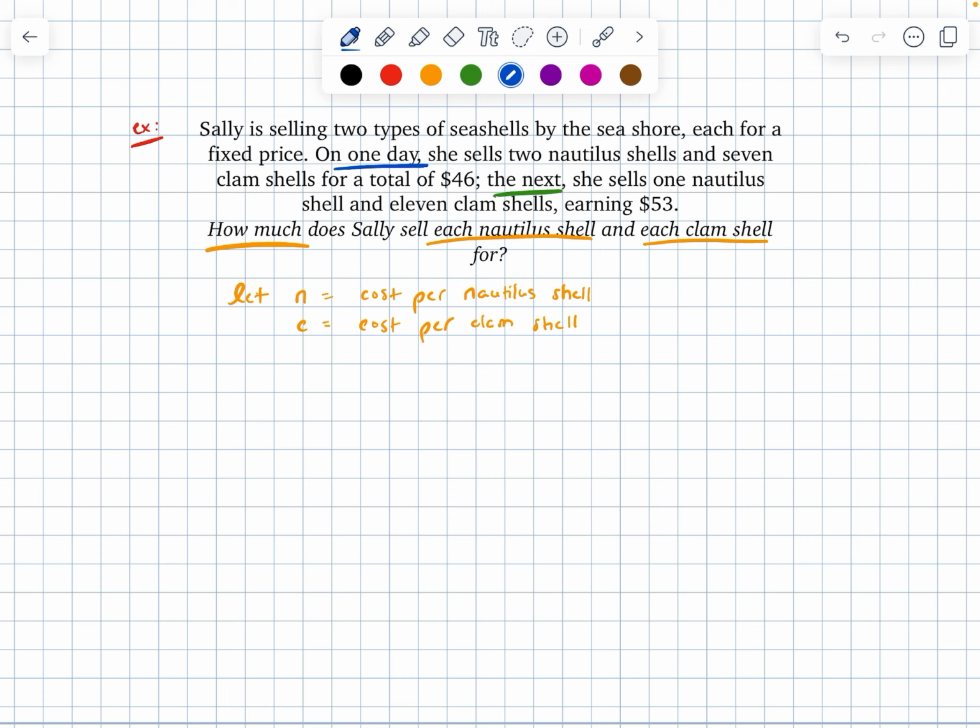So my first equation represents what happens on the first day, and my second equation represents the next. Important information here: I'm selling 2 nautilus shells and 7 clam shells on the first day, and I make $46. On the second, I sell 1 nautilus shell and 11 clam shells, and I make $53.